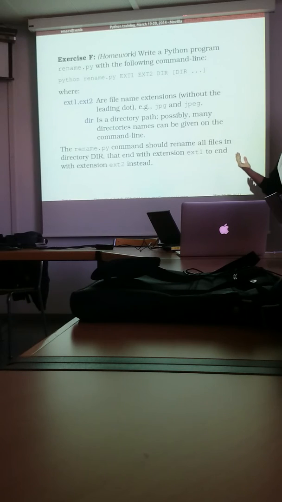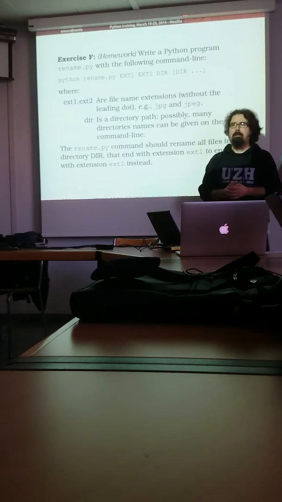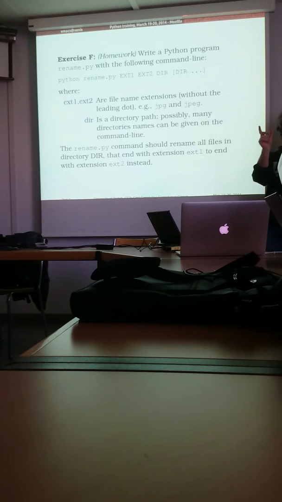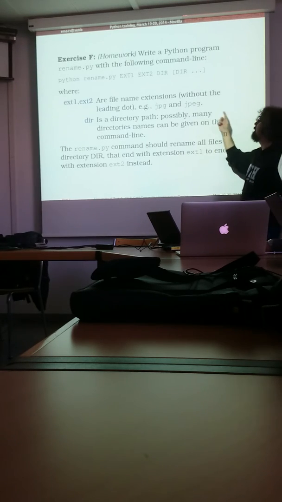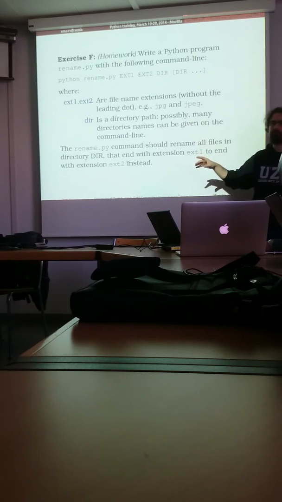Okay, and then the second homework is your, let's say, first fully fledged Python script. You write something to rename files according to extensions. The rename script should take two extensions, ext1 and ext2, and a directory, and then rename all files in that directory that end with one extension to have the other extension.